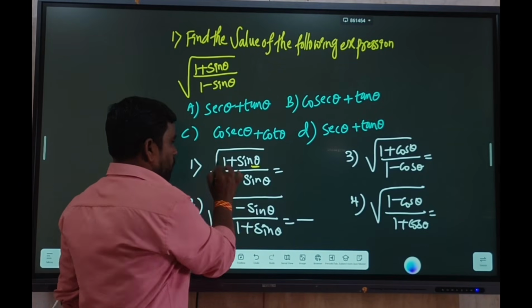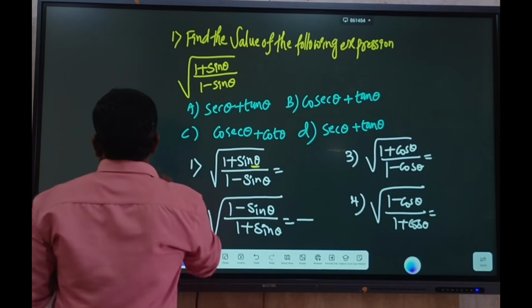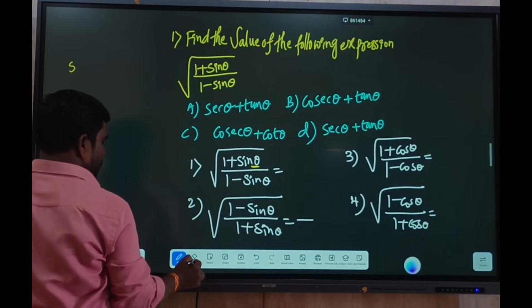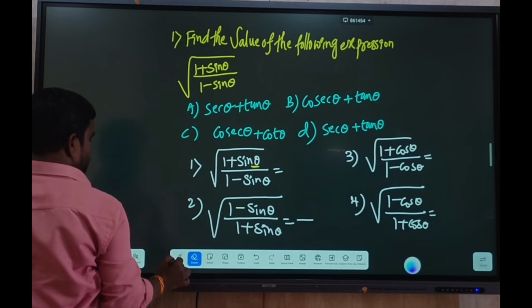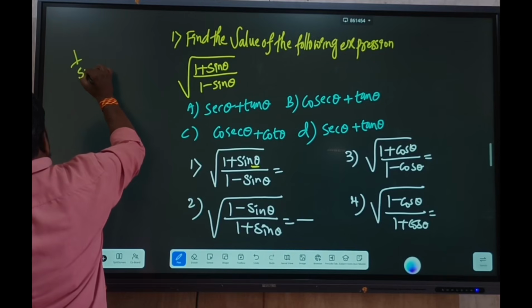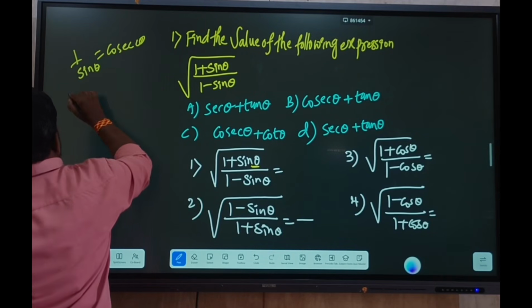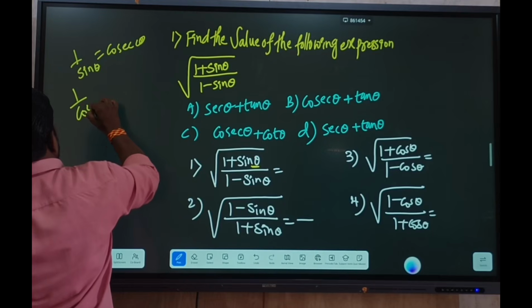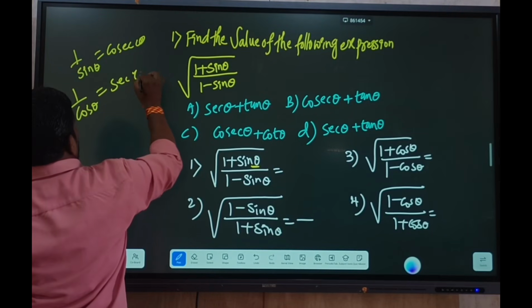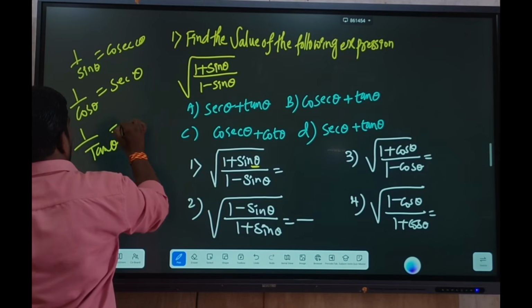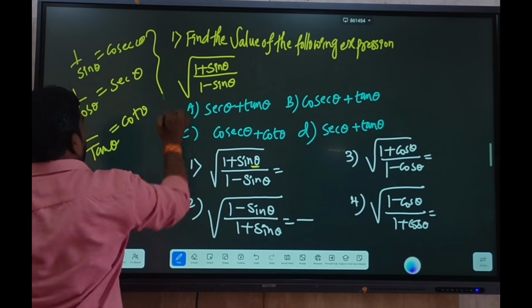Very important trigonometry formulas: 1 by sin theta is nothing but cosecant theta. 1 by cos theta is nothing but secant theta. 1 by tan theta is nothing but cot theta. Most important here.